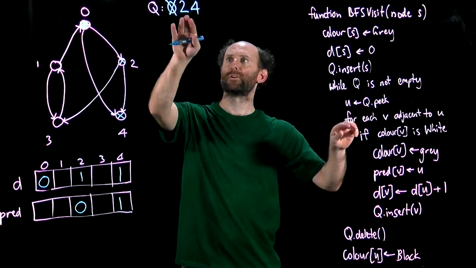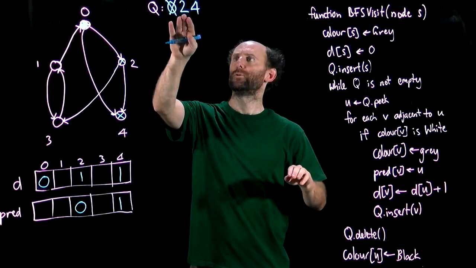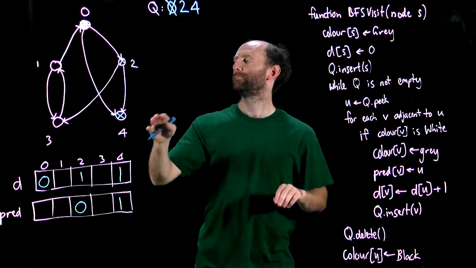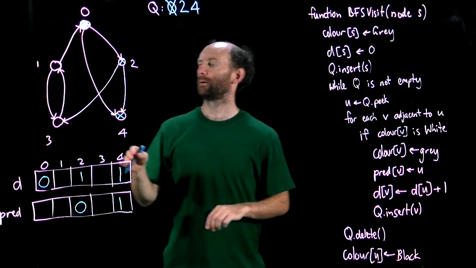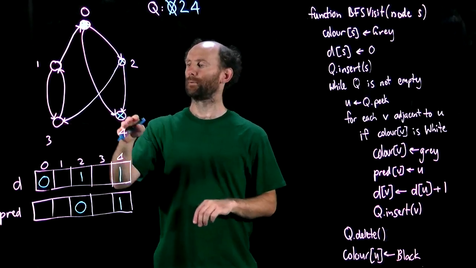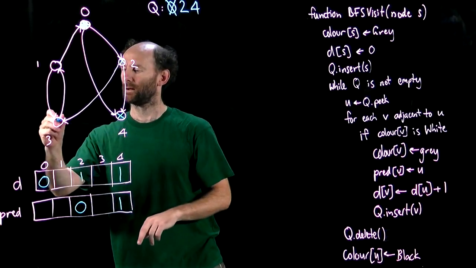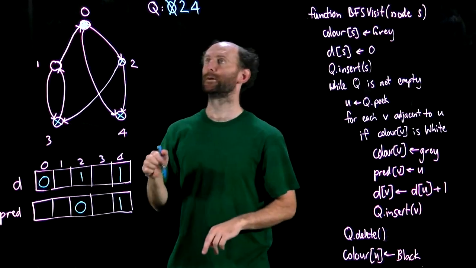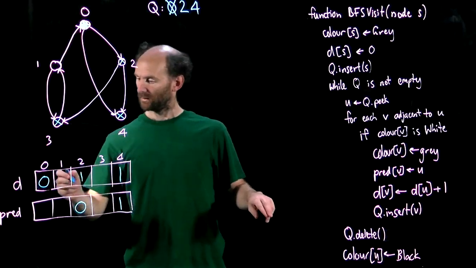We'll look at what's at the front of the queue. So 2, U will now be 2. And look, we've got 2 out neighbours we can visit. Only one of them is white. So we'll visit 3. We'll colour it grey. Set the predecessor to be 2.